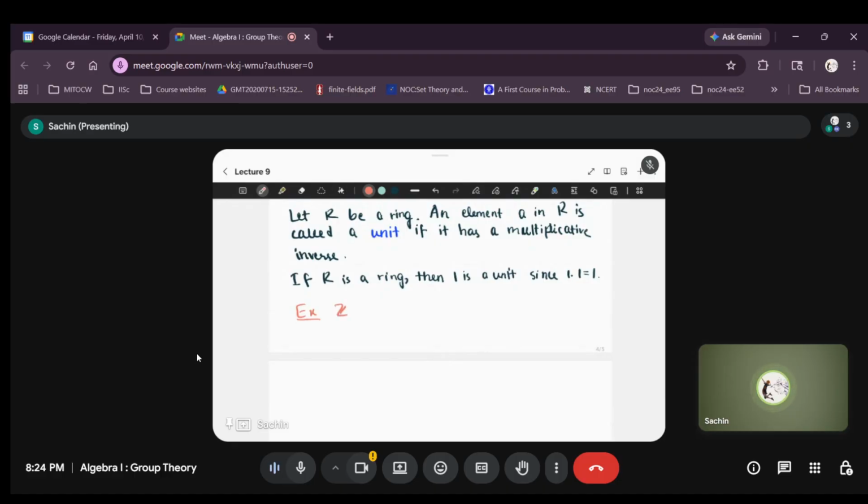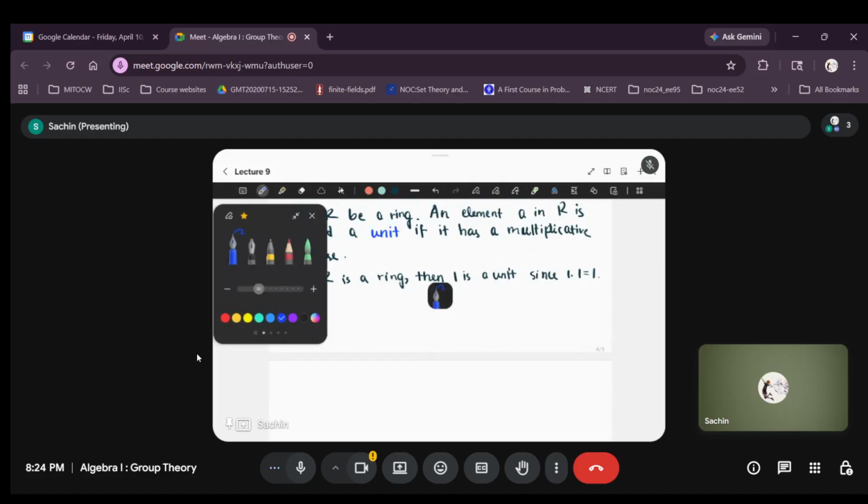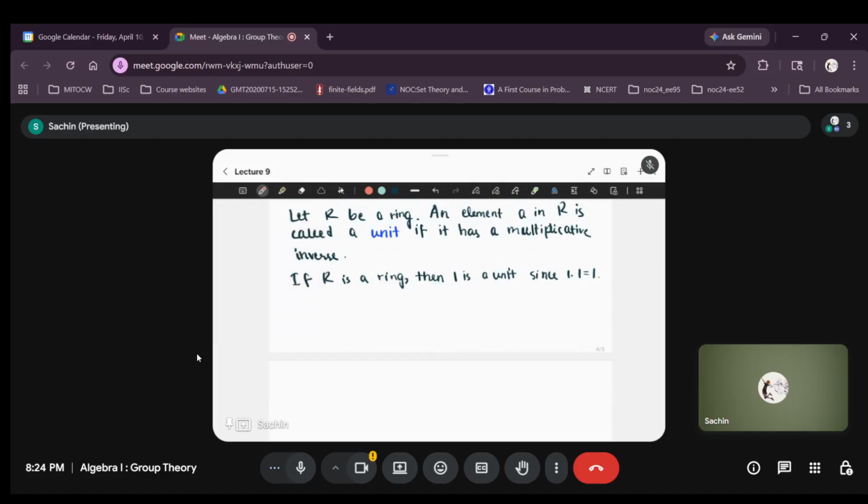So the units of, what are the units in Z?